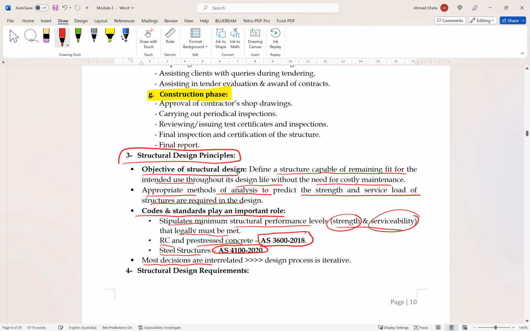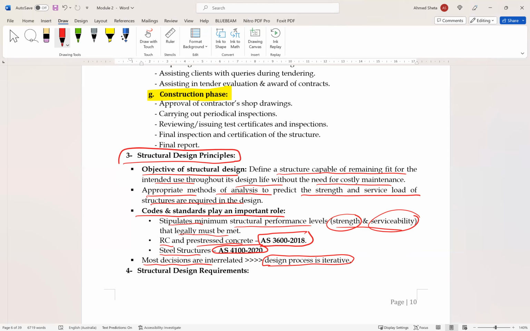Most decisions in design are interrelated, so the design process is iterative. You cannot design on the first try, so you need to make different trials to make sure that the design is economic and the structure is complying with the standard.